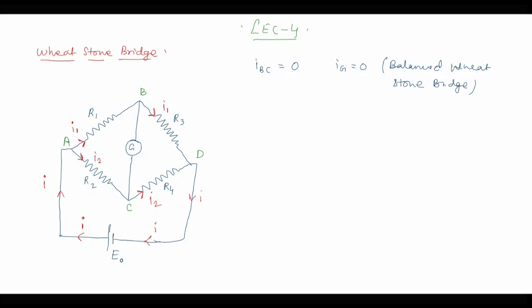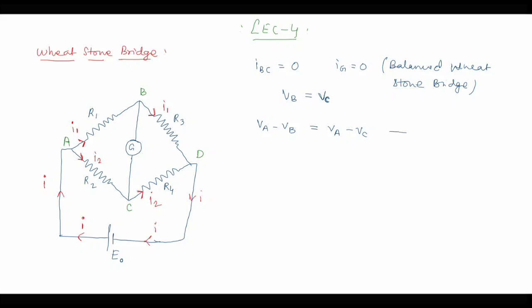If we write this condition, we mean to say that the potential of B is equal to the potential of C. If no current is flowing in this branch, there is no potential difference across B and C. So we can write that VA minus VB is equal to VA minus VC, since VB and VC are the same.